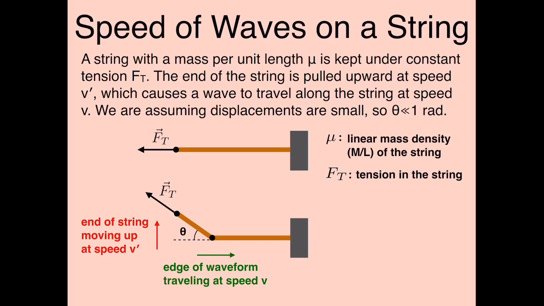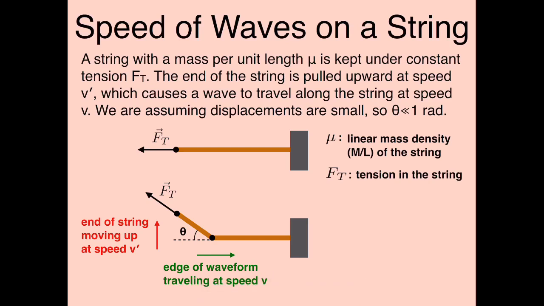As a result, we're going to create a little kink in the string like this, and we'll create a wave that's moving to the right down the length of the string. So the edge of the waveform here is moving to the right at a different speed, which we'll call v. So v prime is just how fast we're pulling up on the end of the string, but v is what we actually want. This is the speed of the wave that we're creating on the string, okay?